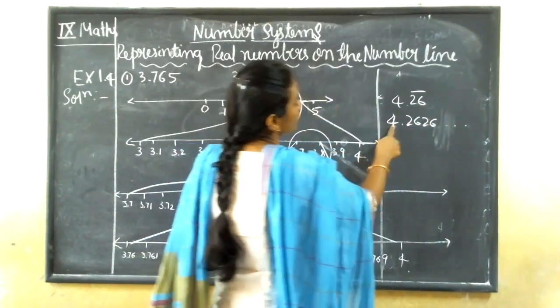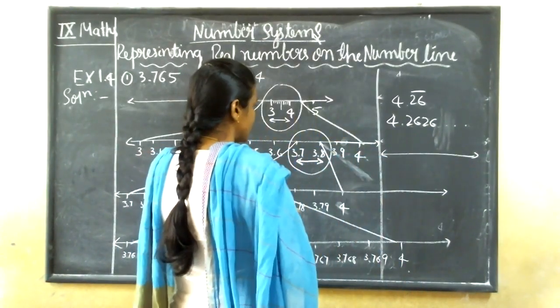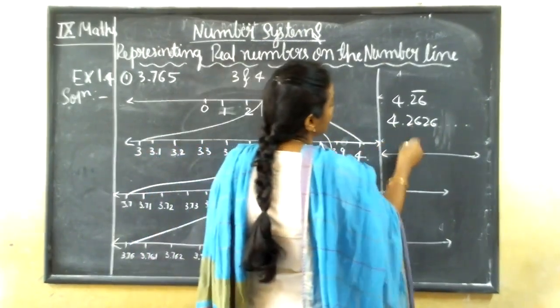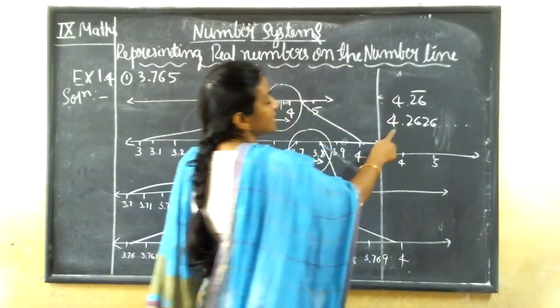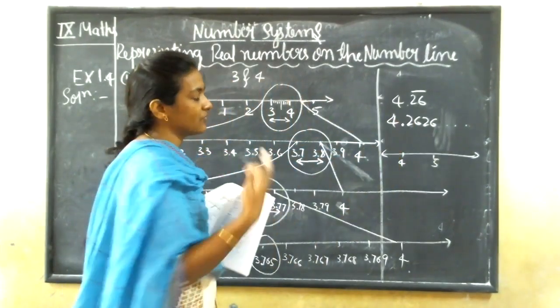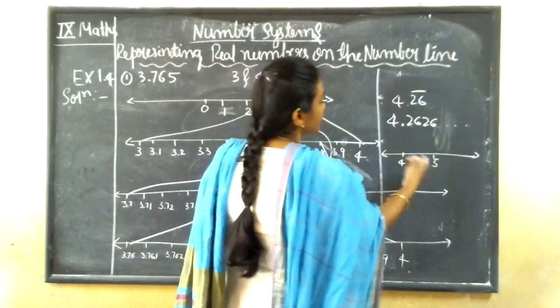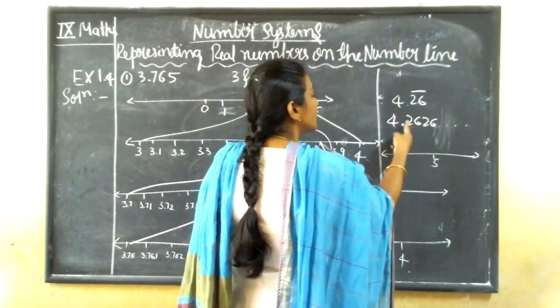So first you are going to represent them on the number line, like in between 4 and 5 you will get this one. First line will be in between 4 and 5 because this is greater than 4 and less than 5. After 4 and 5, what will we get here? 4.2. After that, 4.26.